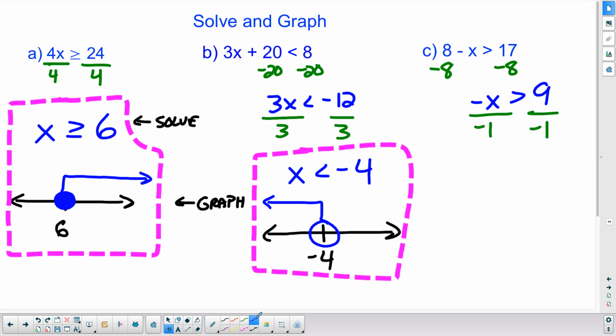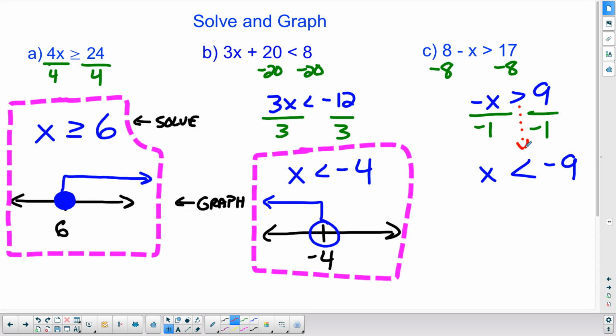What am I doing? Flipping the symbol, yep. So this becomes x is now greater than -9. My symbol there needed a flipping because I am dividing by a negative number.